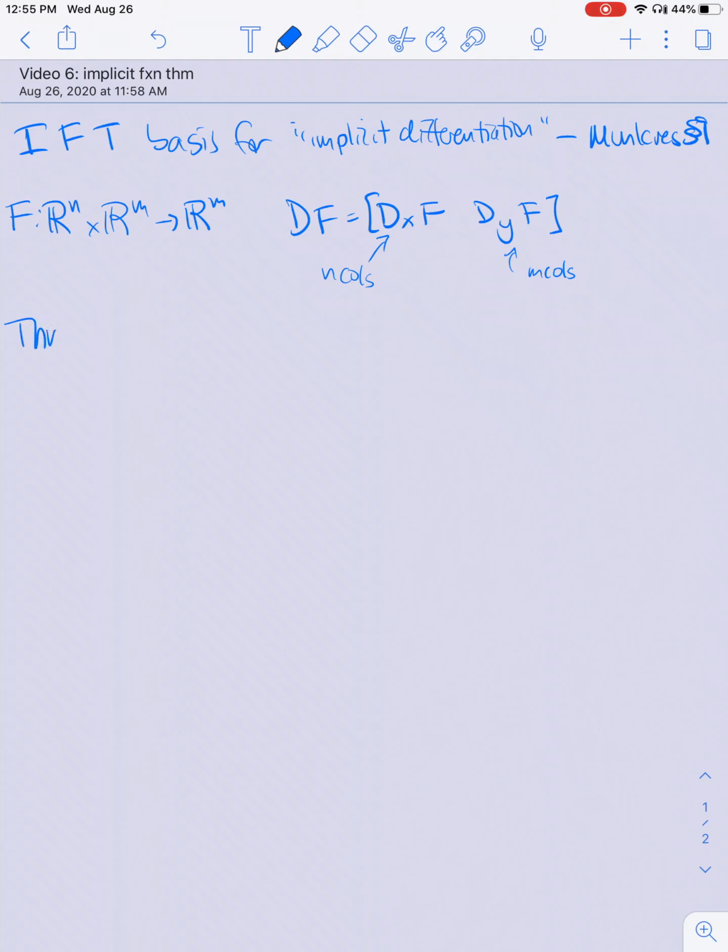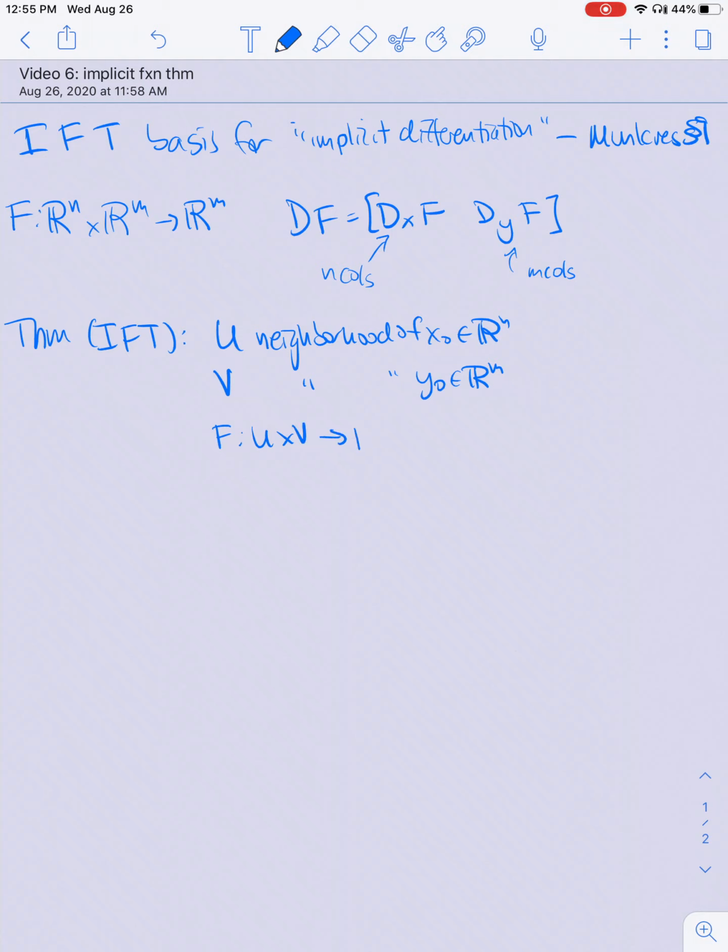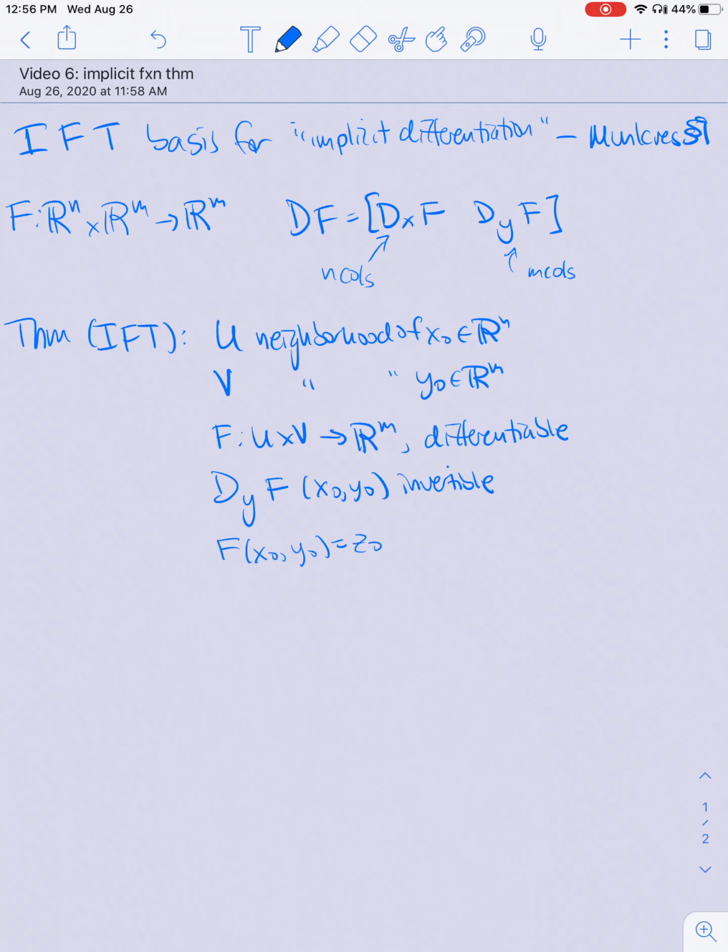So the statement of the theorem is as follows. If U is a neighborhood of a point x naught in R^n, V is a neighborhood of y naught in R^m, and f is a function from U cross V to R^m that's differentiable, and moreover, d_y f at the point (x naught, y naught) is invertible, and let me make the notation f(x naught, y naught) equal to z naught.